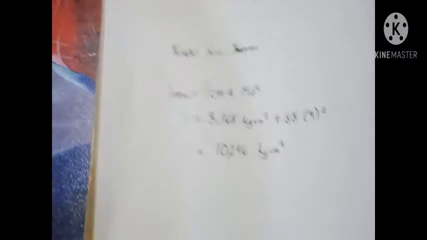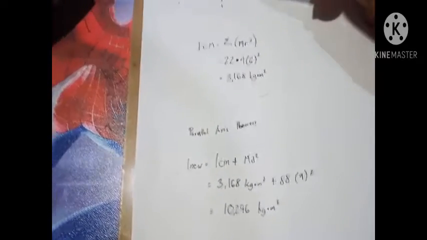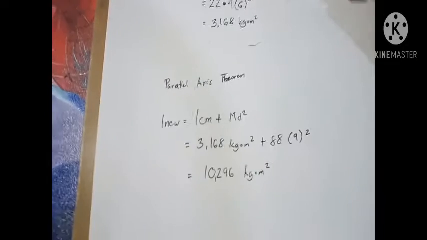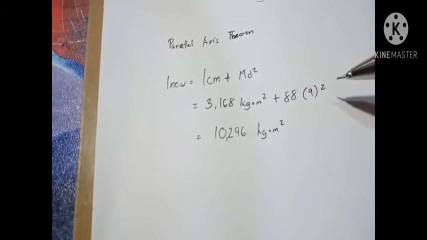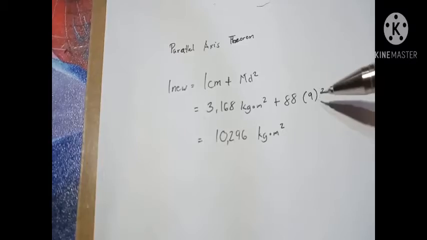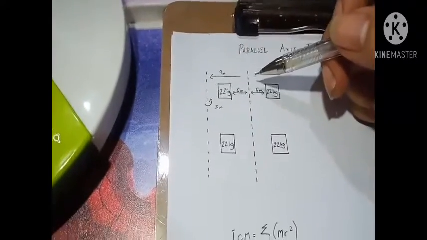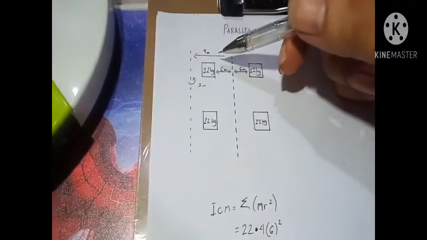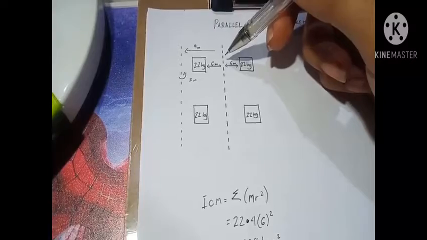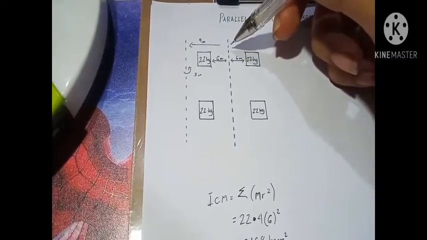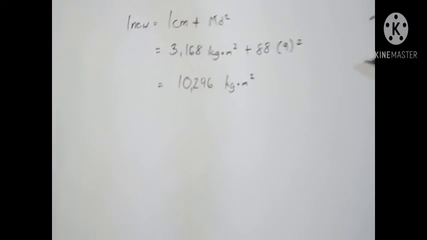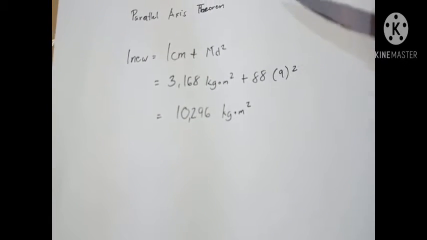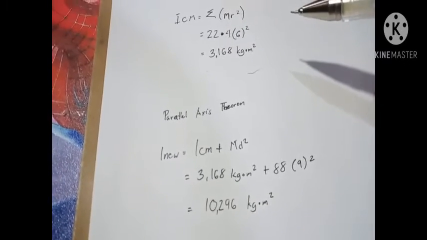So 3,168 plus the sum of these four 22 kilograms will be 88. Then 9, the distance will be 9 because in this new axis we'll have the center of mass moved 9 meters, so we'll use this distance instead of the other one, the 6.